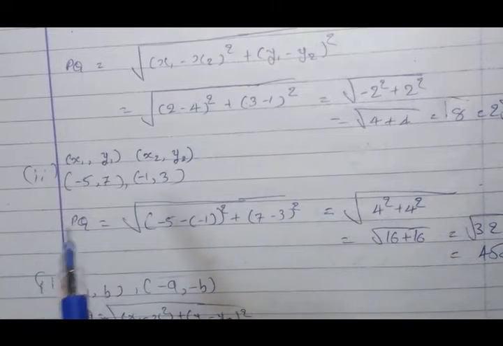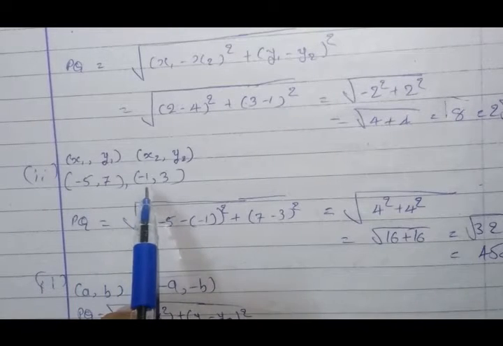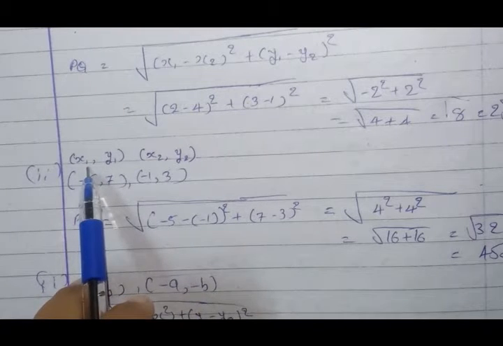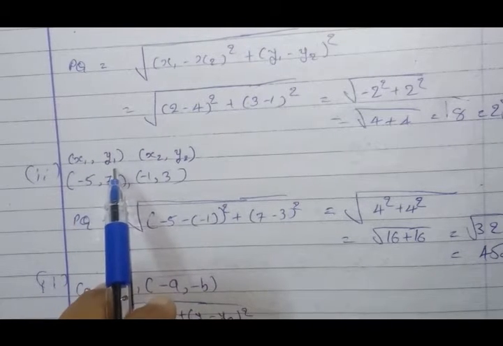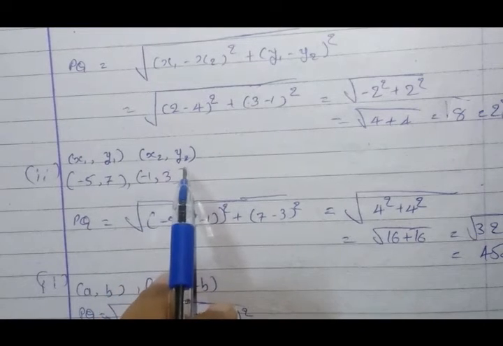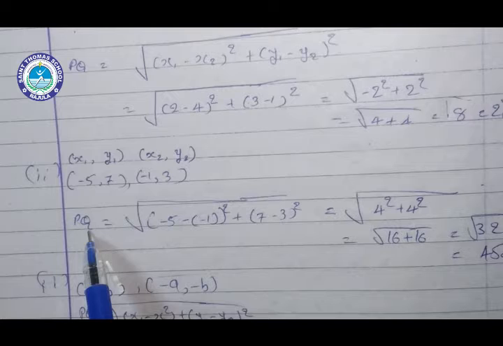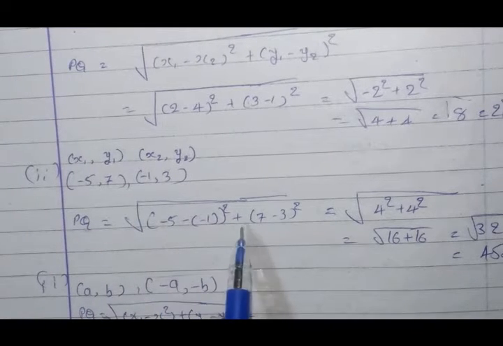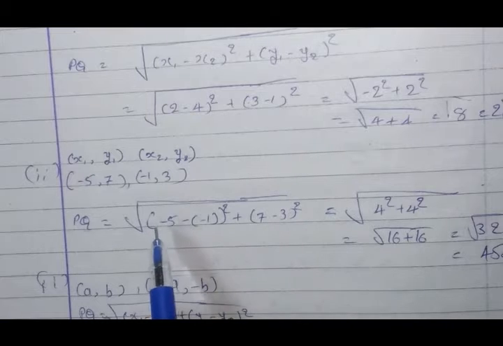Now question number 2. (Minus 5, 7) and (minus 1, 3). Now minus 5 represents the x1 coordinate, 7 is the y1 coordinate, minus 1 is the x2 coordinate and 3 is the y2 coordinate. So first we apply our distance formula. PQ is equal to root of (x1 minus x2) whole square plus (y1 minus y2) whole square.